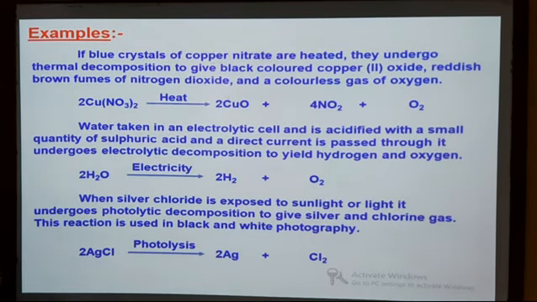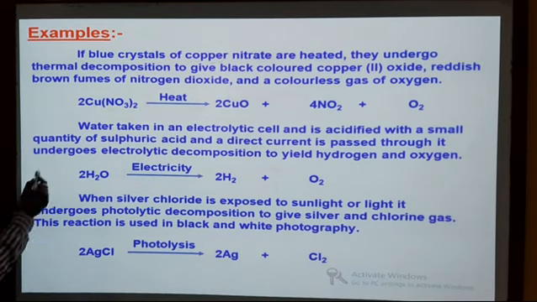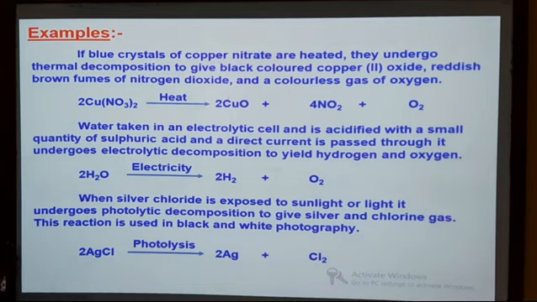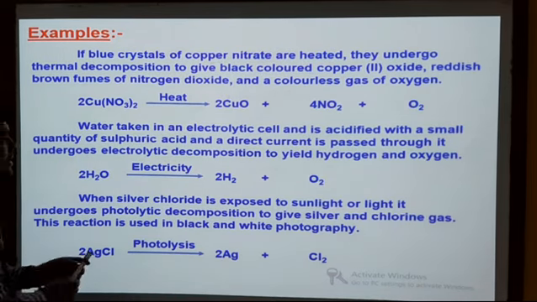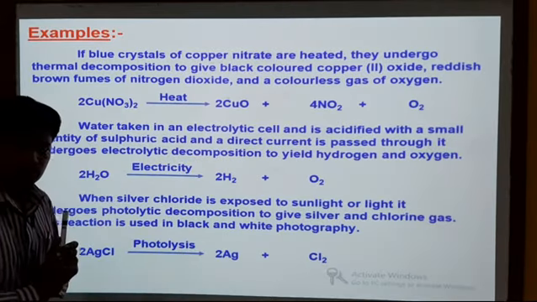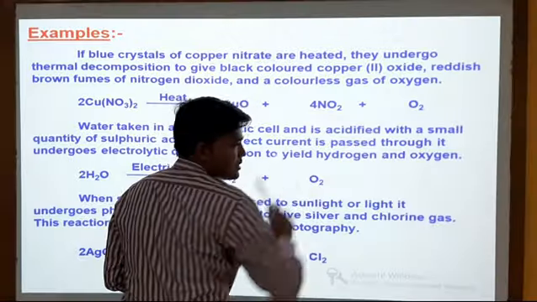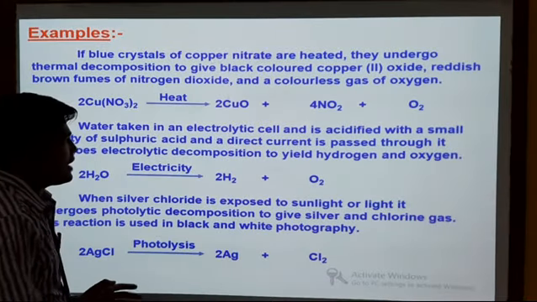Now the first example, here we are going to decompose copper nitrate. Copper nitrate is blue in color. When we heat this copper nitrate, it decomposes into copper oxide plus nitrogen dioxide plus oxygen. How will you come to know that it is nitrogen dioxide?